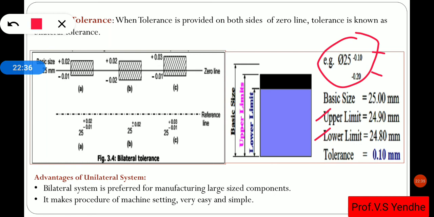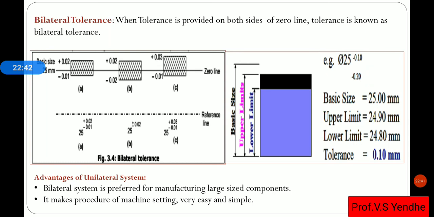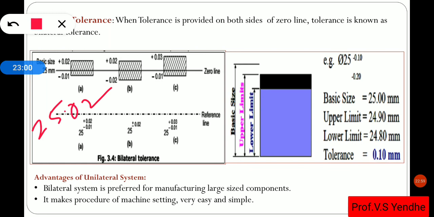Okay, so if you see the example here, this is the basic size 25, then 25 minus 0.02 plus 0.02, that means 25.02 is the upper limit and lower limit is 24.99.